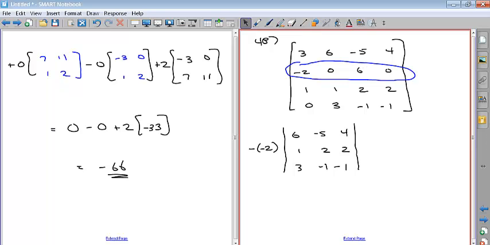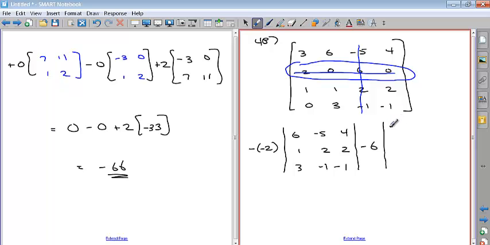So that's also going to be negative because it's positive, negative, positive, negative. So that's going to be -6 times. So again, we mark through this row and this column.